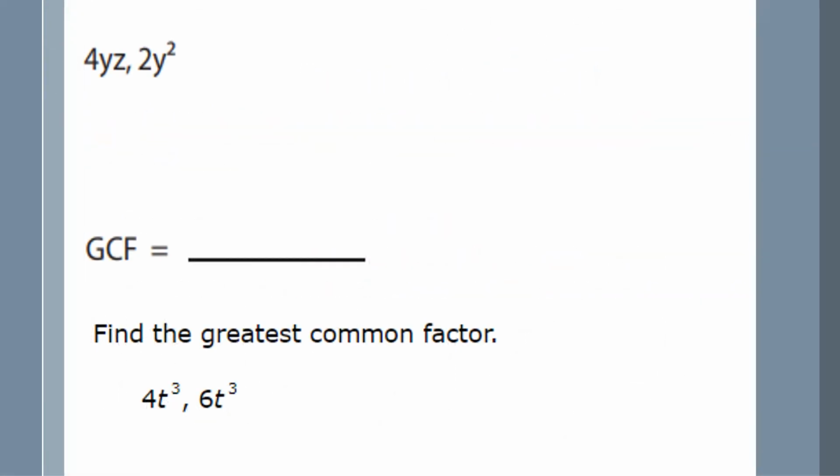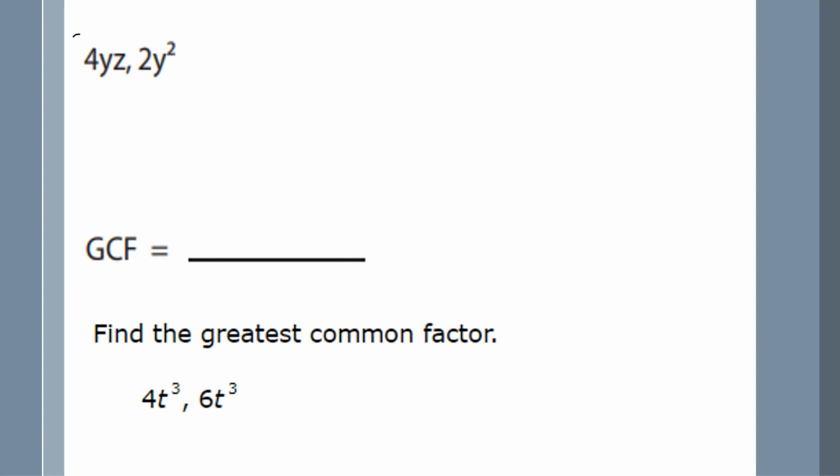All right, so we did the greatest common factor of integers. So we did that already. Now we've got to deal with integers and variables. So here's a rule of thumb.